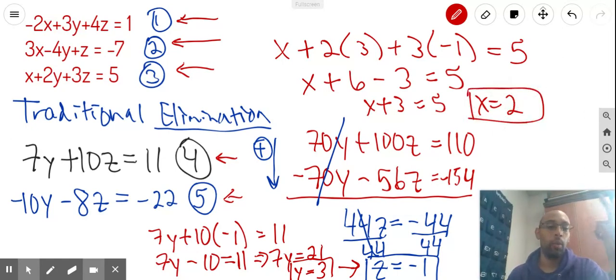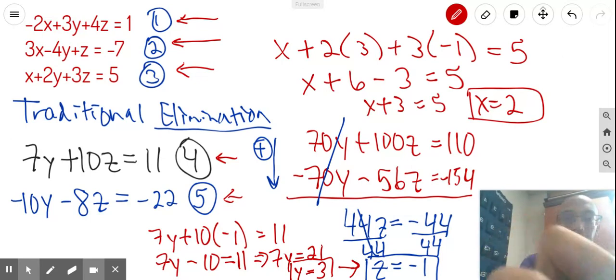So we have x, y, and z. Whenever you are writing a solution to a 3 by 3 system, you write it as an ordered pair. And since there were 3 unknowns, we write our ordered pair with 3 variables, x, y, and z.